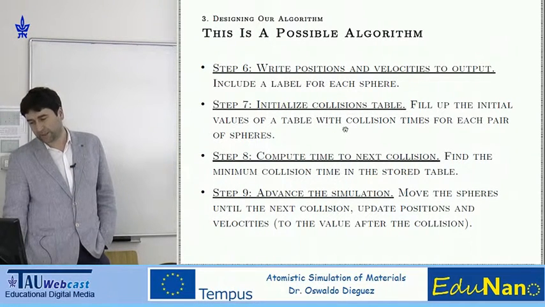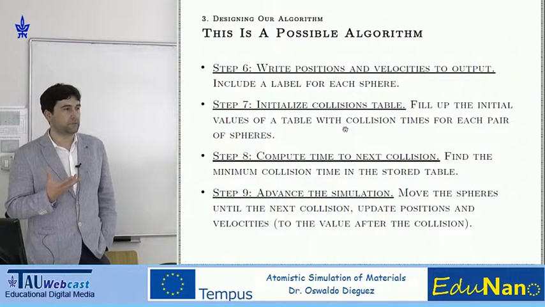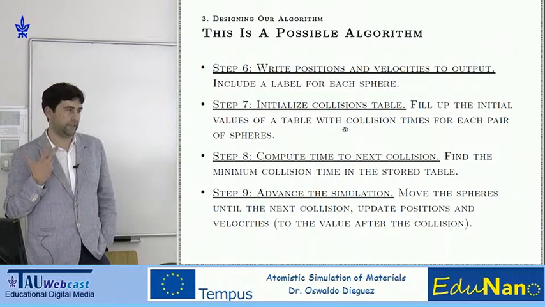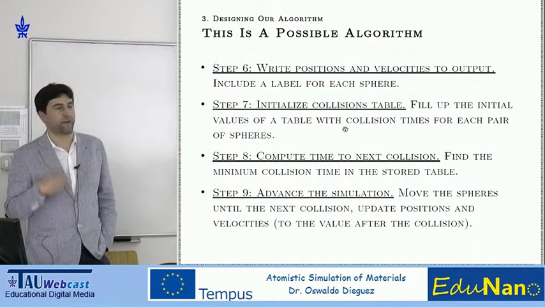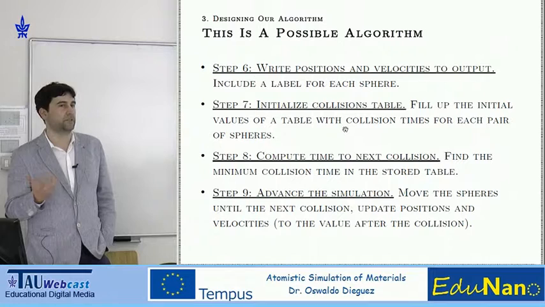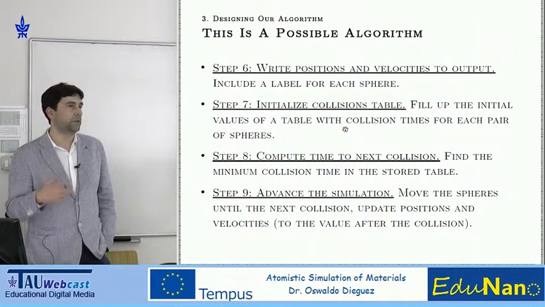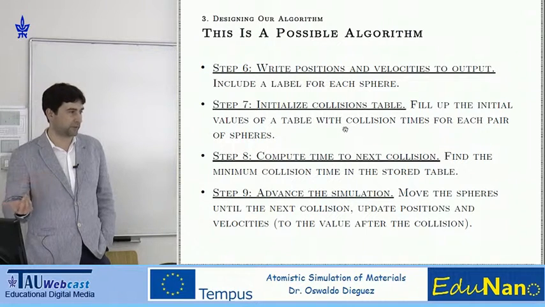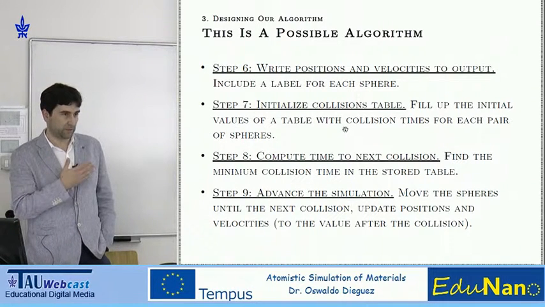So you will create a table in your language, an array or whatever your language does, and the table will have 2 indexes, and every pair of indexes will mean 2 balls, and you will compute when the collision time for each pair is expected, okay, as we said, because you want the minimum one.